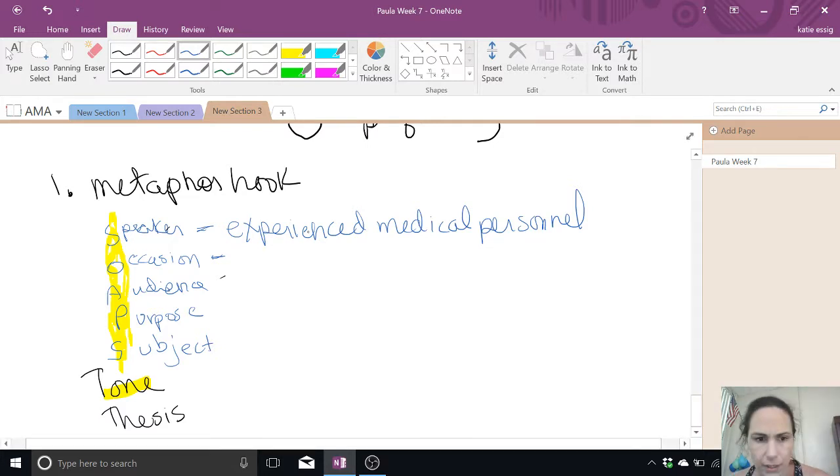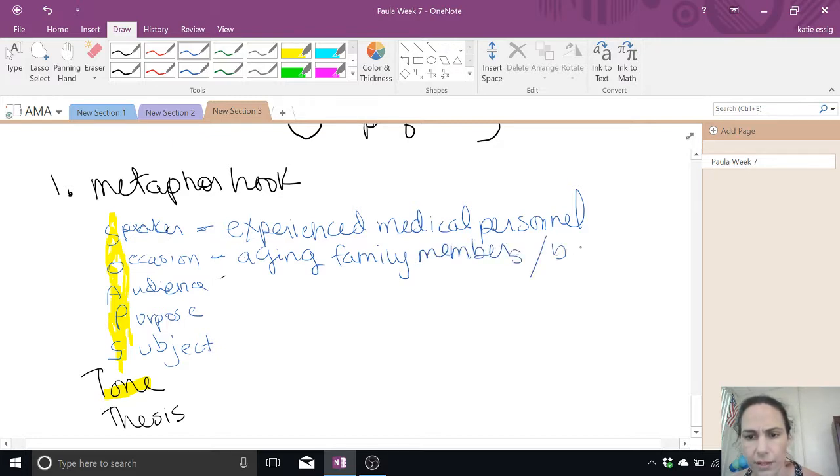We have aging family members. You can also talk about how the baby boom generation is now getting old, and there are so many old people.